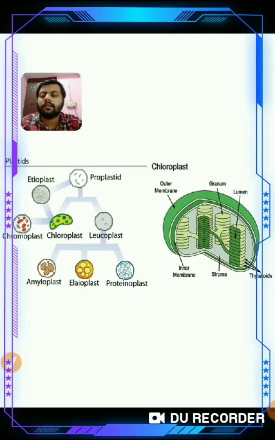So students, today this much only, all about both cell organelles, mitochondria as well as chloroplast. The next topic we will study in the next classes. After listening to this video class, go through the notes and read them thoroughly.